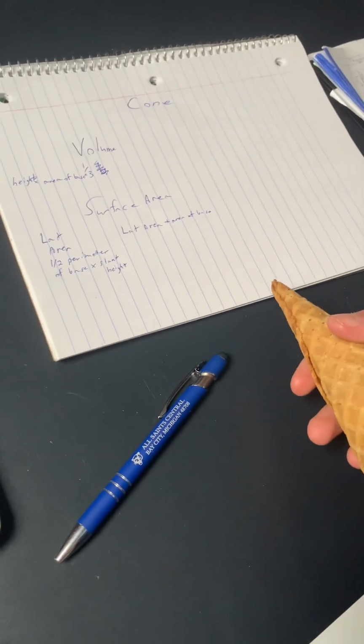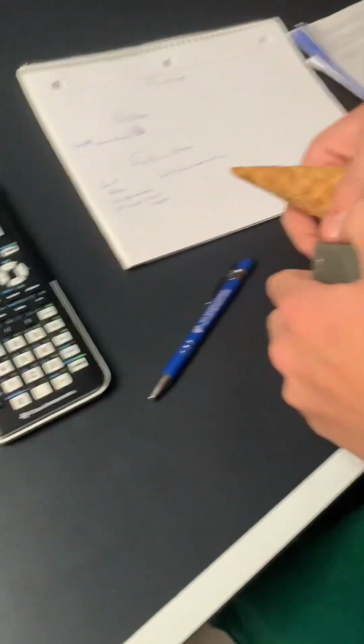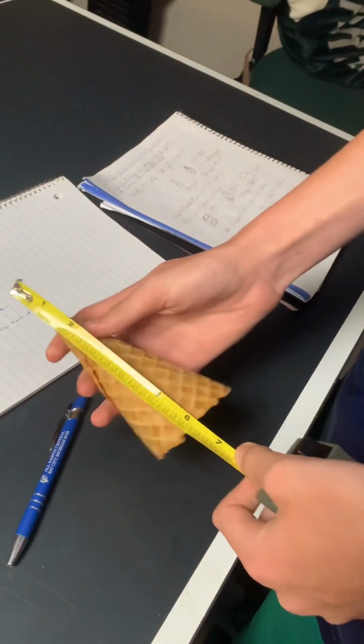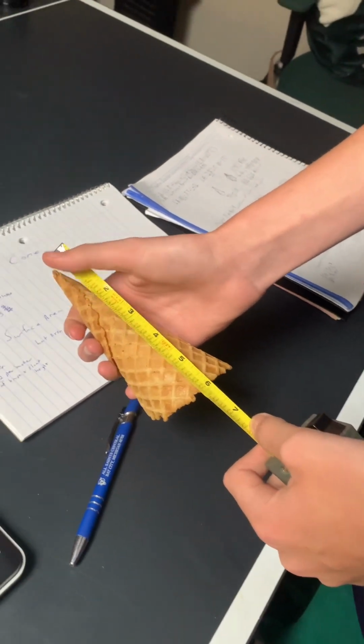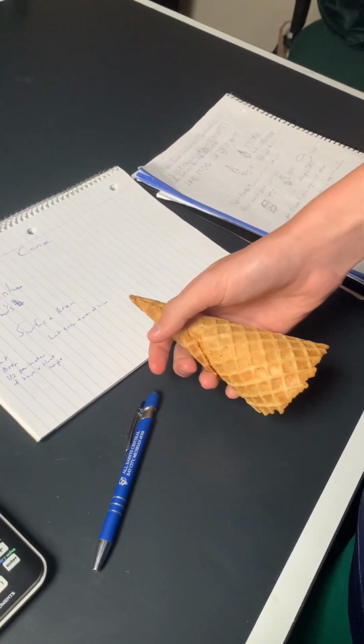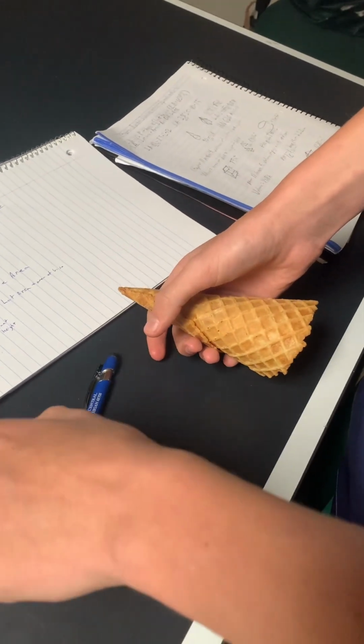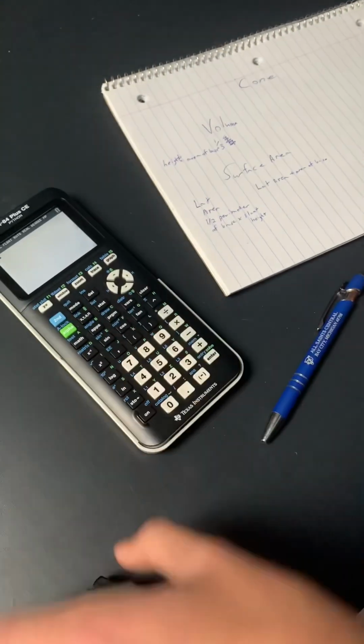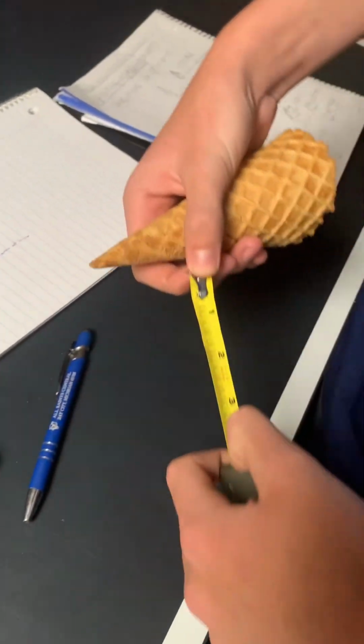First, I'm going to find the height, which is about, I'd say, 6. So 6 times, and I need to find the area of the base.